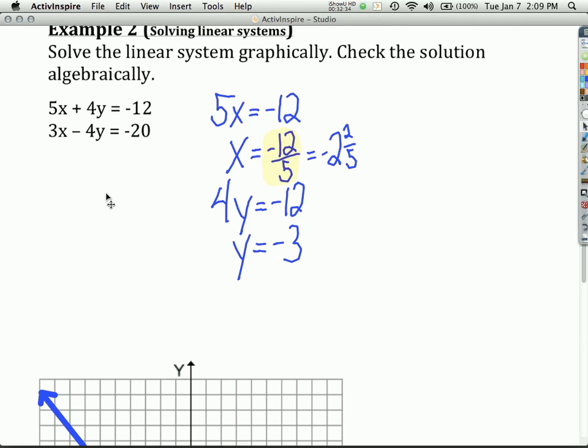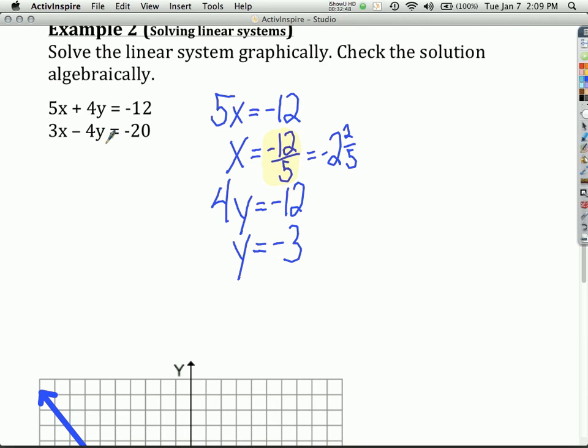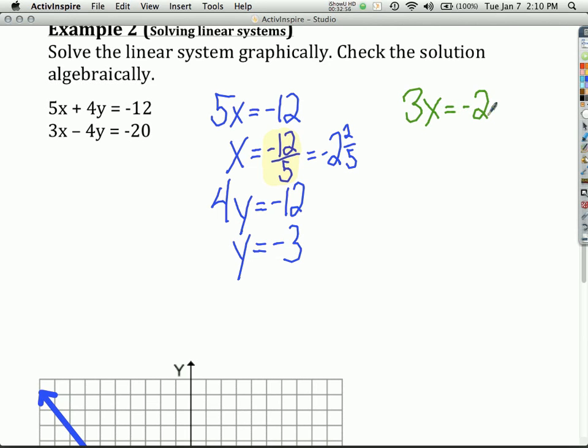So now we want to graph 3x minus 4y equals negative 20. And I think Janae's method is an excellent choice, finding intercepts. So if we make the y equal to 0, this will disappear, and we end up with 3x equals negative 20.